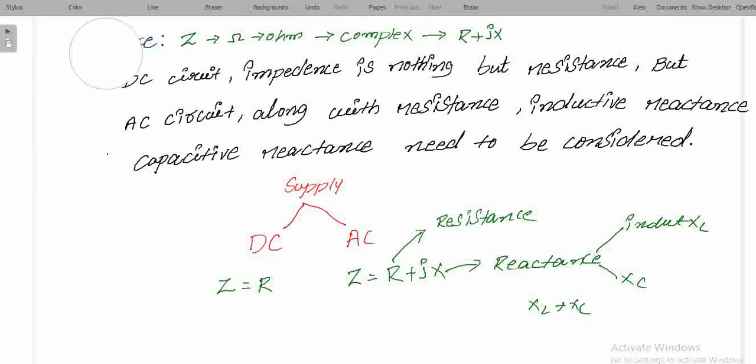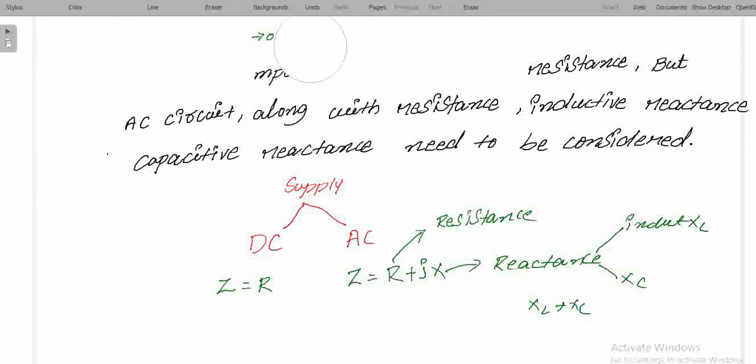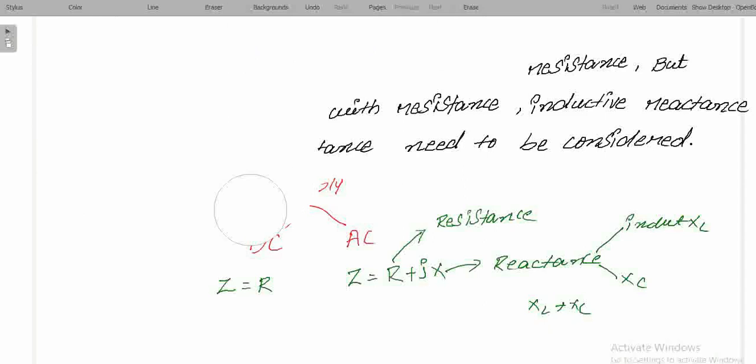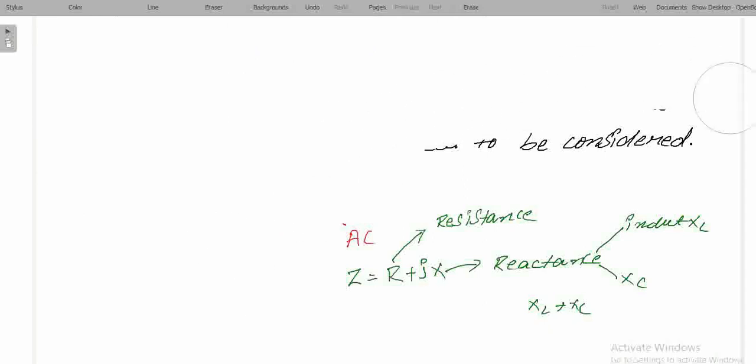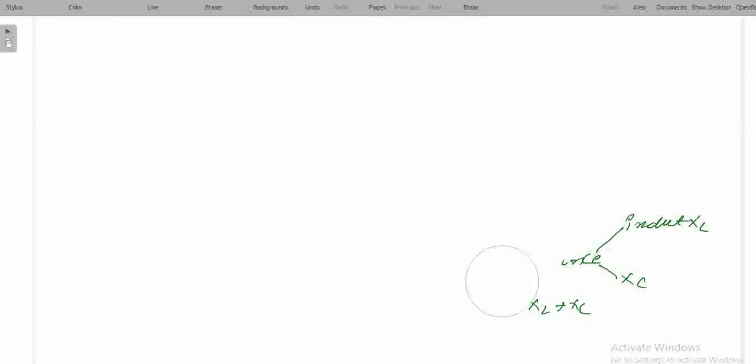Let us revise the phasor and phasor diagram class at a glance. So already we have seen what is a phasor and what is a phasor diagram. That is your second video of your second unit. Let us revise once.